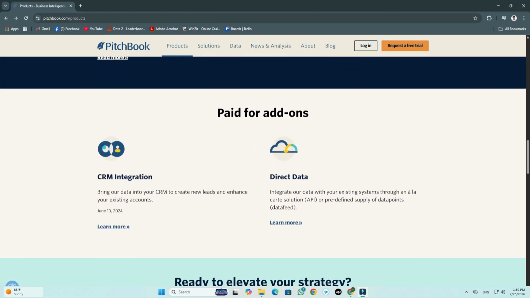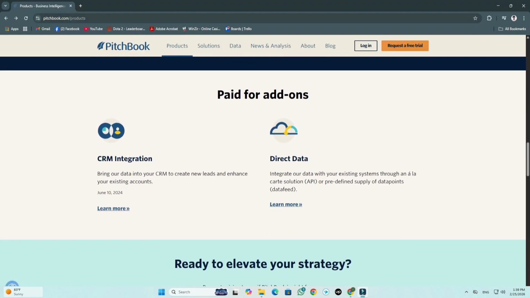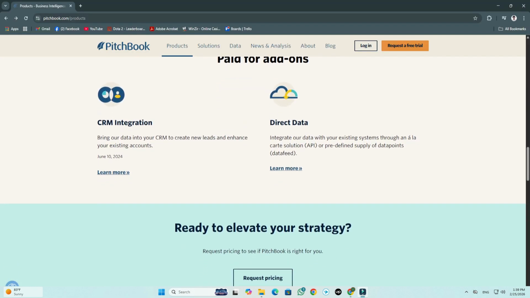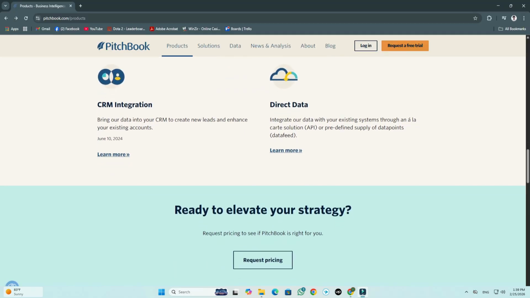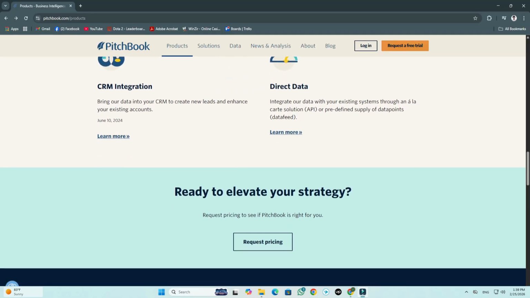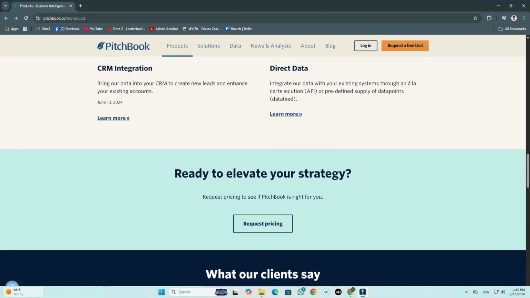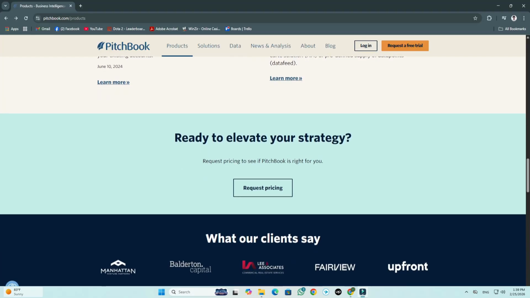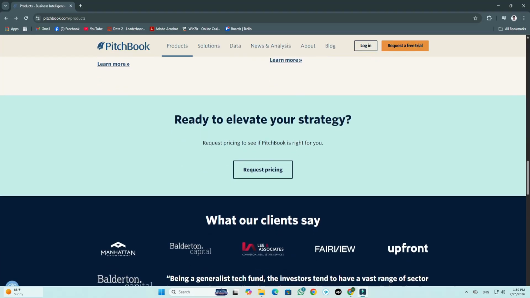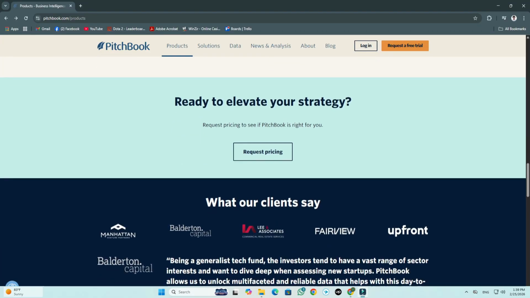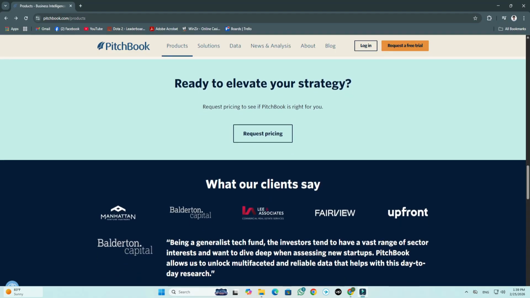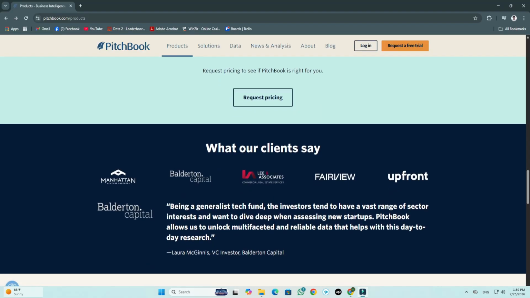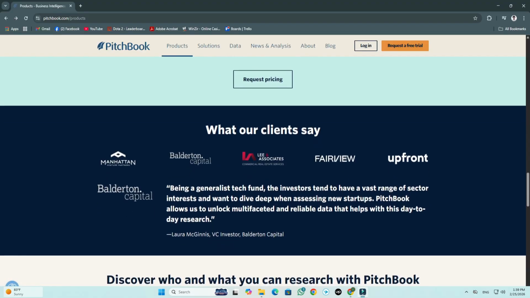So why is PitchBook a great choice? PitchBook stands out because of the accuracy, breadth, and depth of its data, all delivered through a highly user-friendly interface. In an industry where outdated or incomplete information can lead to poor decisions, PitchBook helps professionals work with confidence by ensuring they are always acting on the most current and reliable data available.